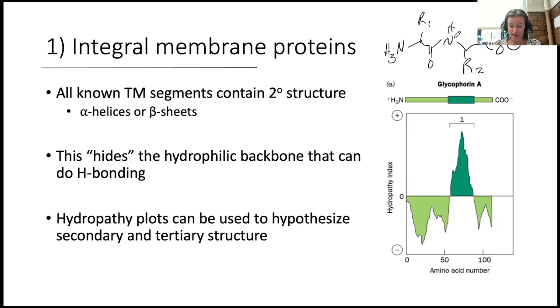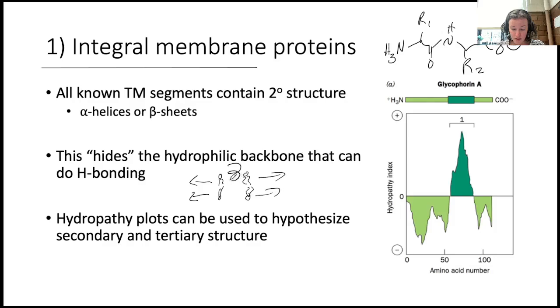Let's visualize this for a second, right? So if this is my membrane, and I'm not going to draw too many lipids here, folks, so please forgive the simplification. Here's my lipid bilayer.